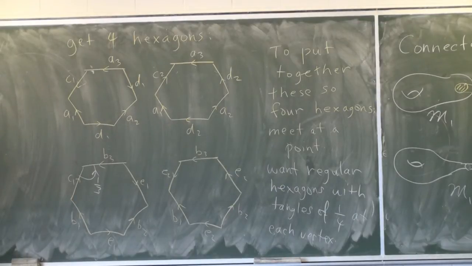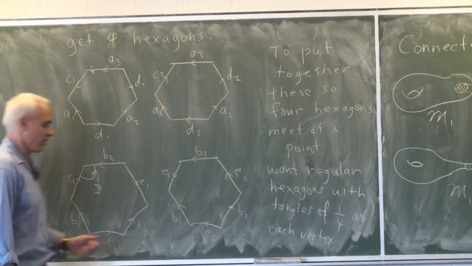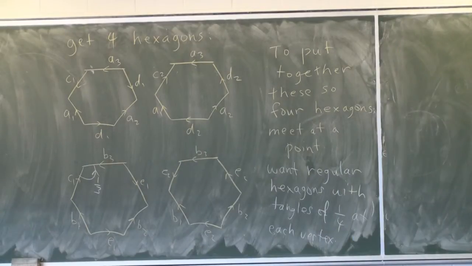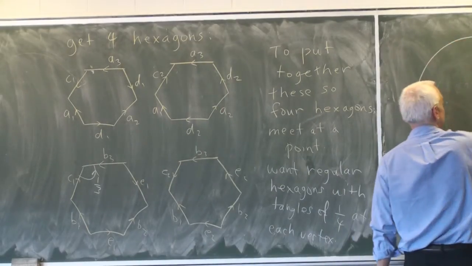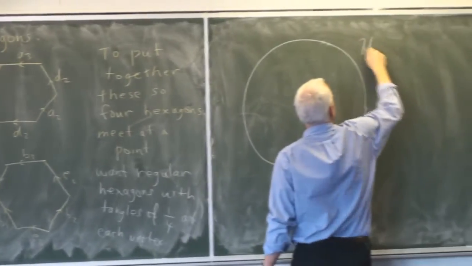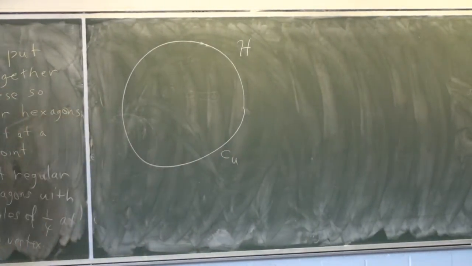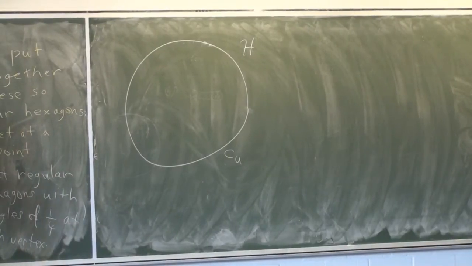So such a thing is not possible in Euclidean geometry, but it is possible in hyperbolic geometry. So let's have a look at our hyperbolic plane. There's our sphere, unit sphere. The interior is the hyperbolic plane.